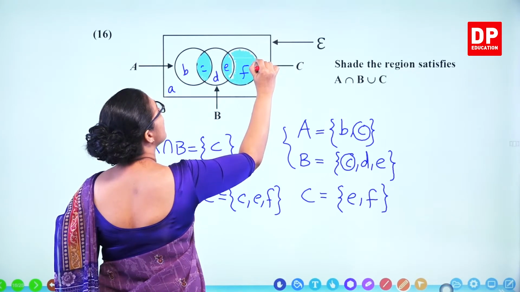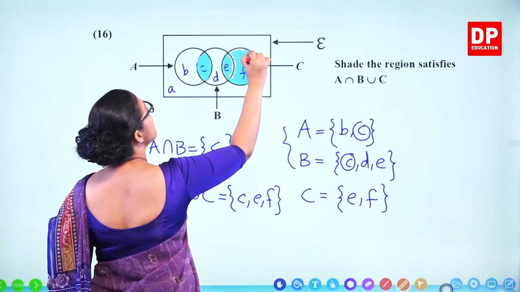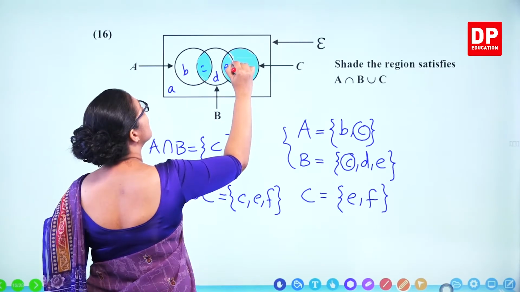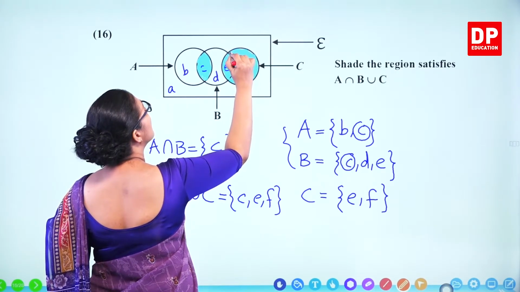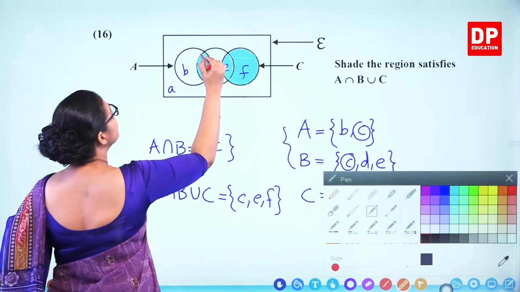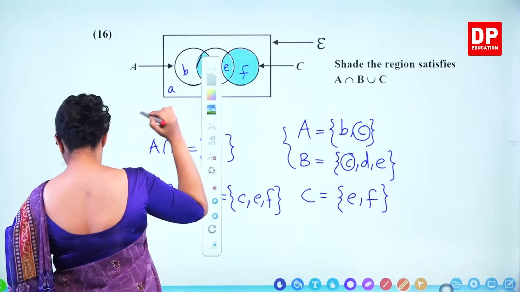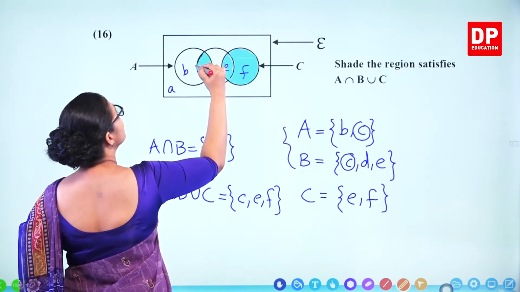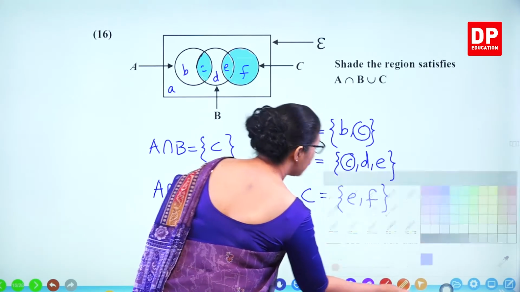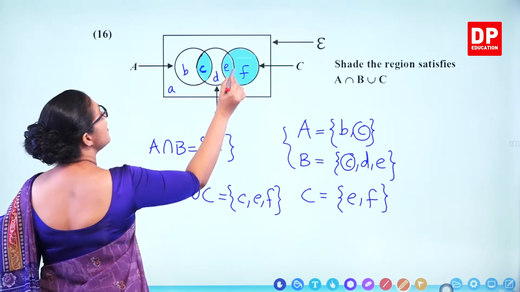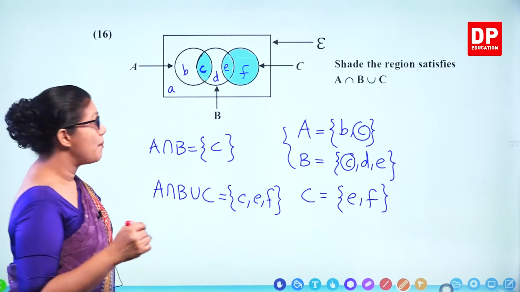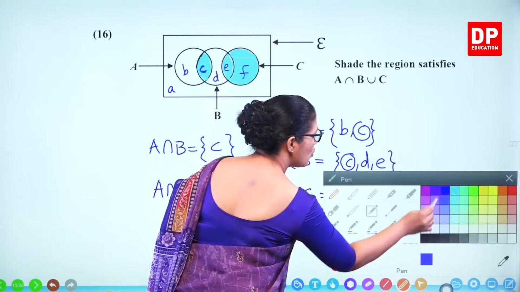So you can color nicely. This is the whole part. So this is C, E, F area. So that's A intersection B union C. So 2 marks for that.